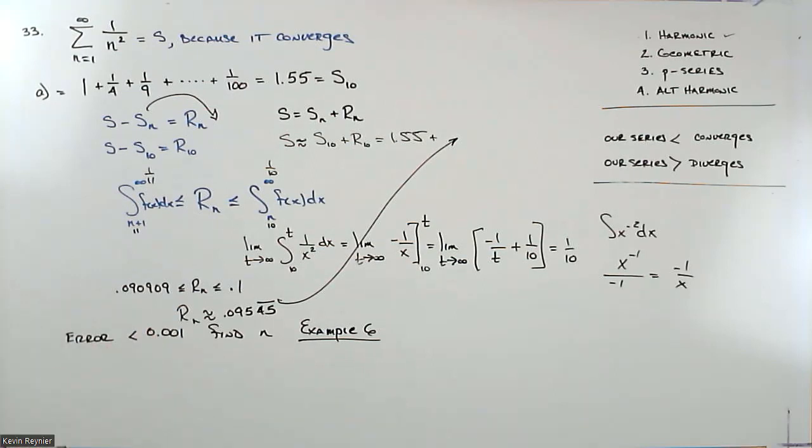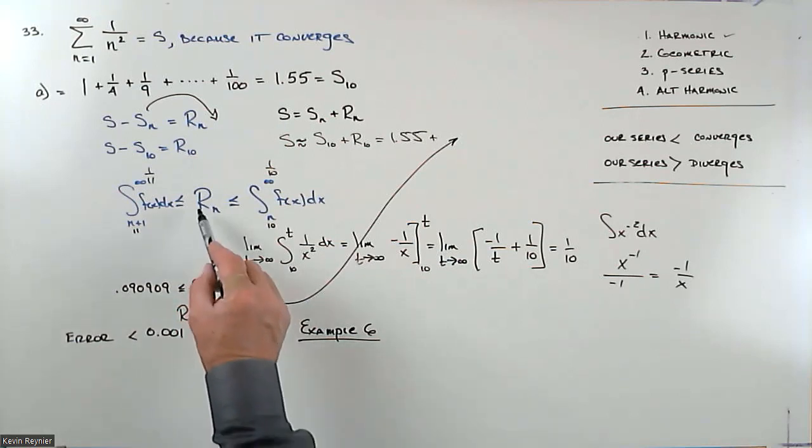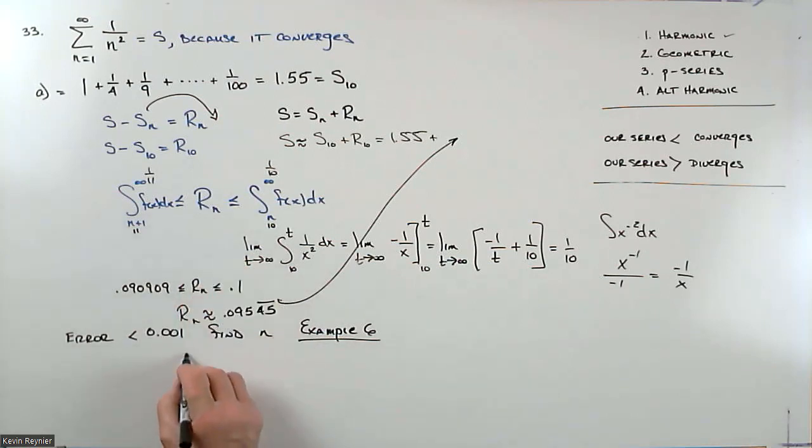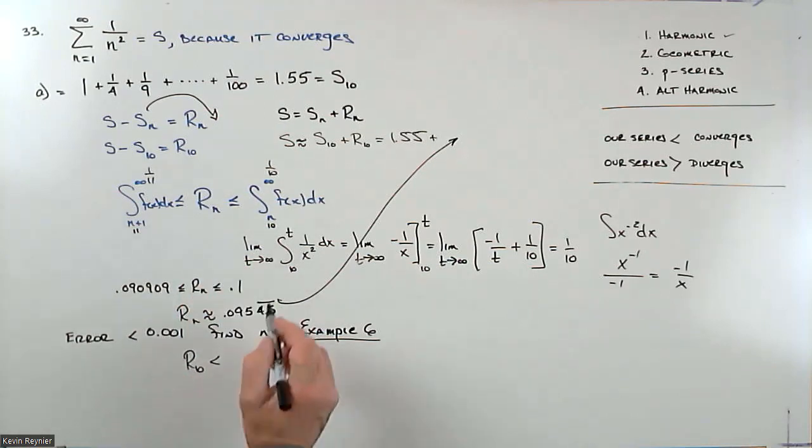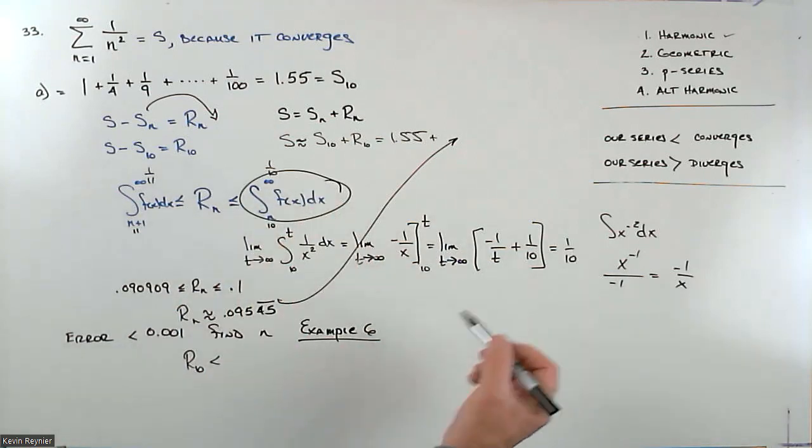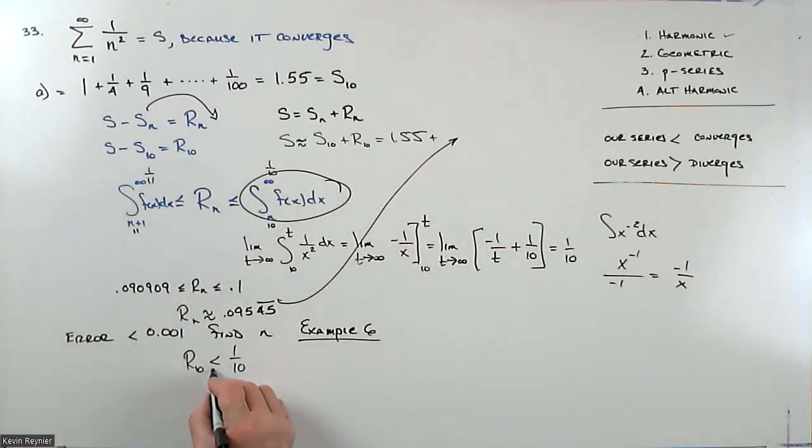And so what do we know, right? We know that for us, the size of our error, R sub 10 from here, is less than this, which we found to be 1/10. So what do we know?